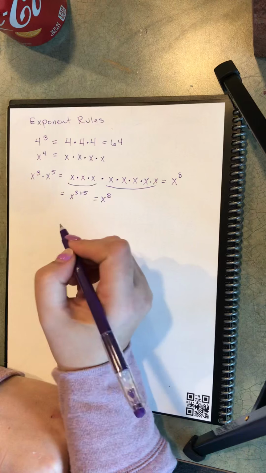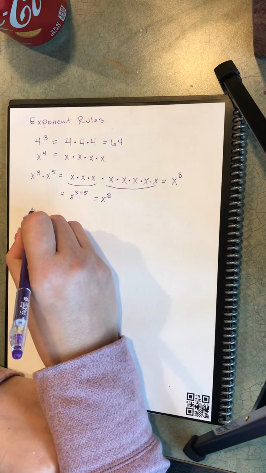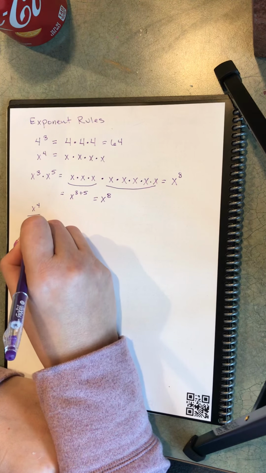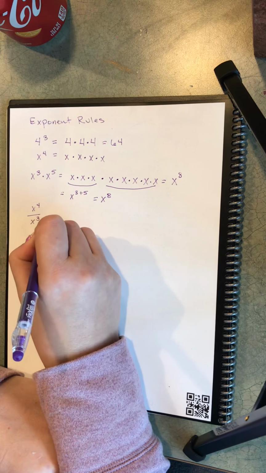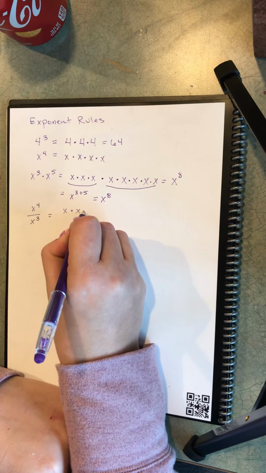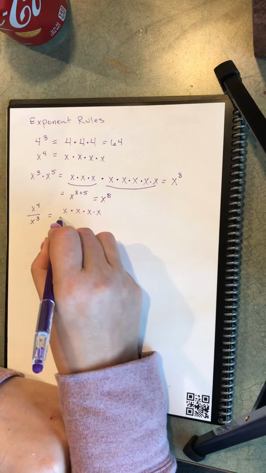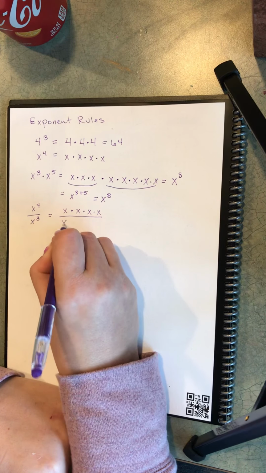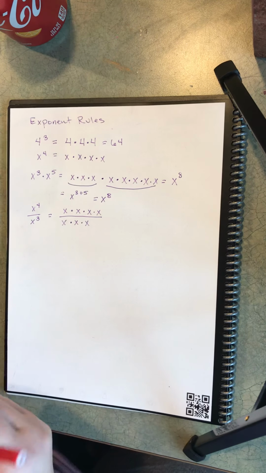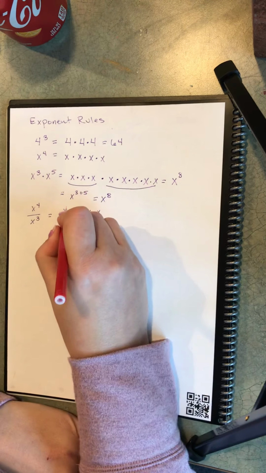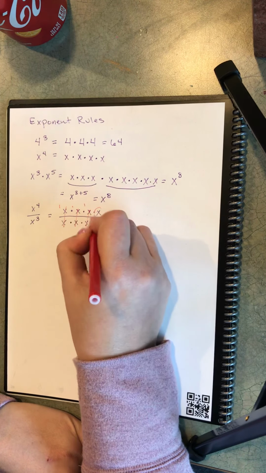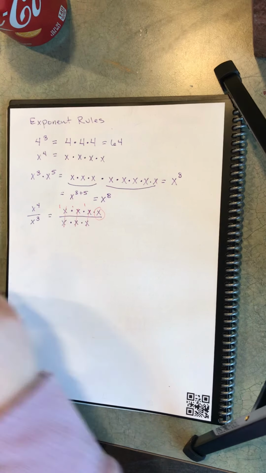All right, let's say we have x to the fourth divided by x to the third. Okay, so here I have x, x, x, x. There's 4 x's on top, and 1, 2, 3 x's on the bottom. Now we know that anything divided by itself equals 1. So there's 1, there's 1, there's 1, and I'm just left with x.